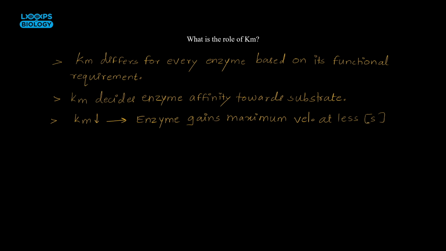And whenever I'm talking about this, that means the enzyme has higher affinity towards substrate. So in this particular case, the conclusion will be: the enzyme has higher affinity towards substrate.